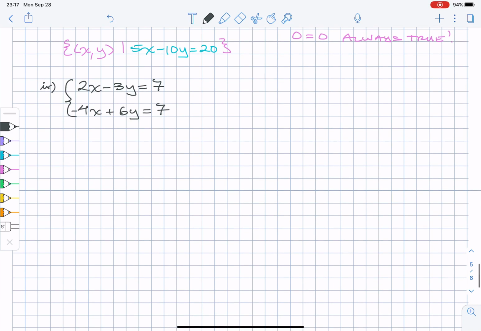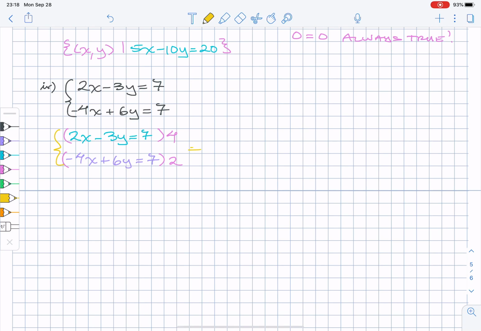Okay, so let's look at the system: 2x minus 3y is equal to 7, and negative 4x plus 6y is equal to 7. So I'm going to go ahead and eliminate x. I'll multiply the top equation by 4, the bottom equation by 2.